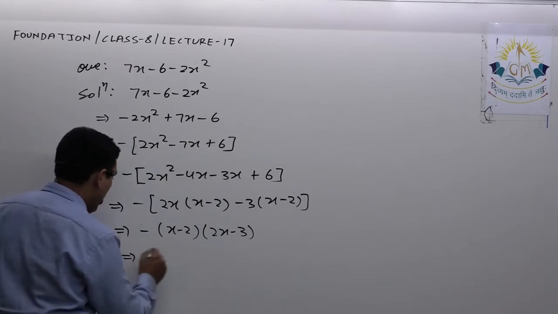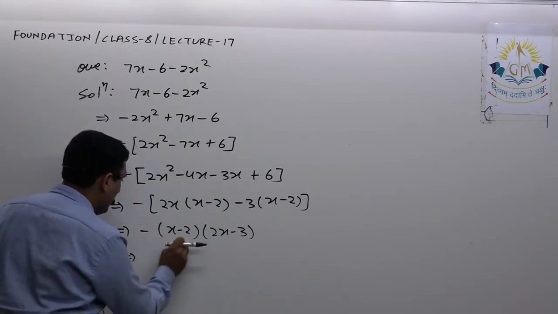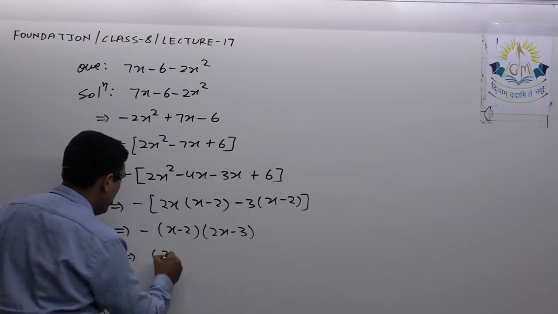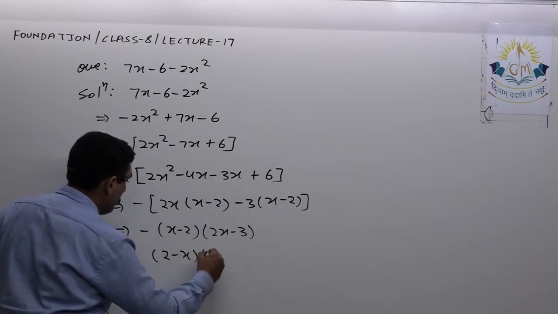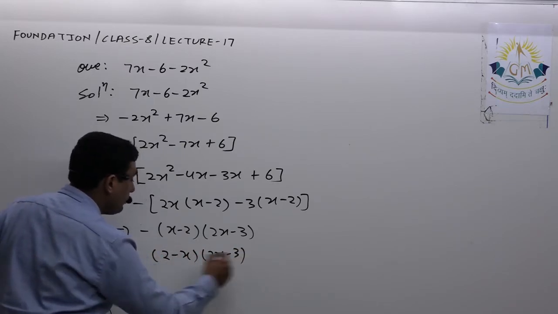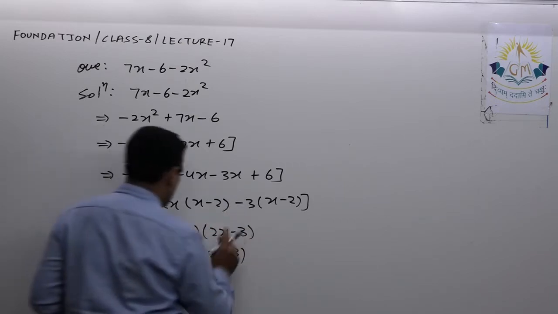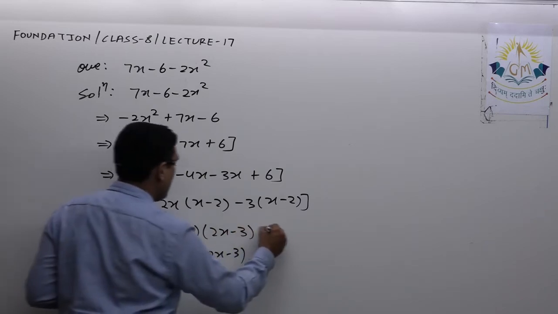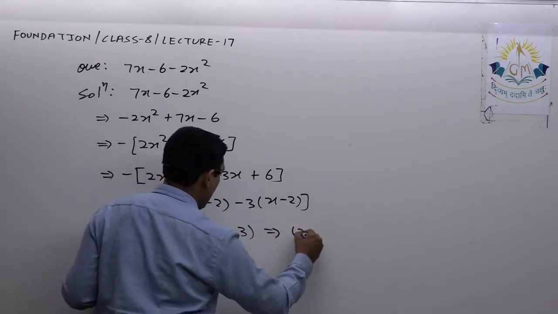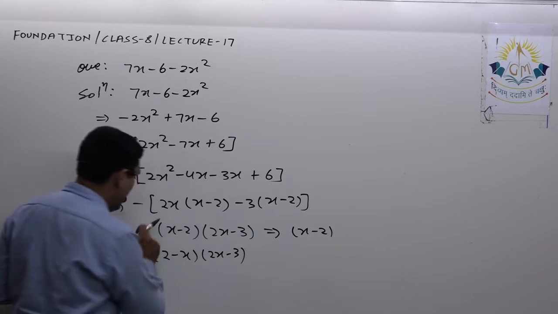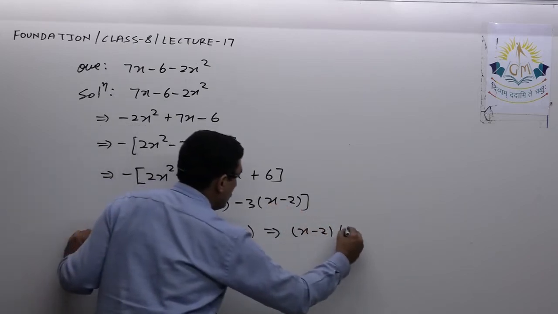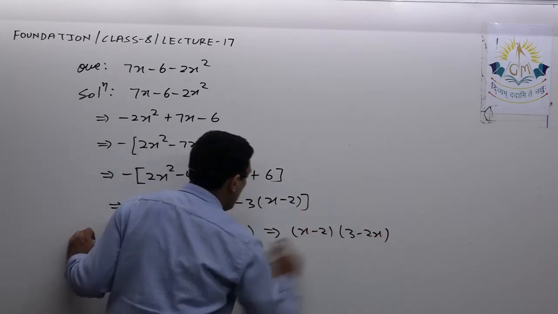Or if I take this minus sign over here, I write directly 2 minus x and 2x minus 3. This is also one of the correct answers. Or if I take the minus sign over here, I write x minus 2 as it is, and 3 minus 2x. So this is also a correct answer.